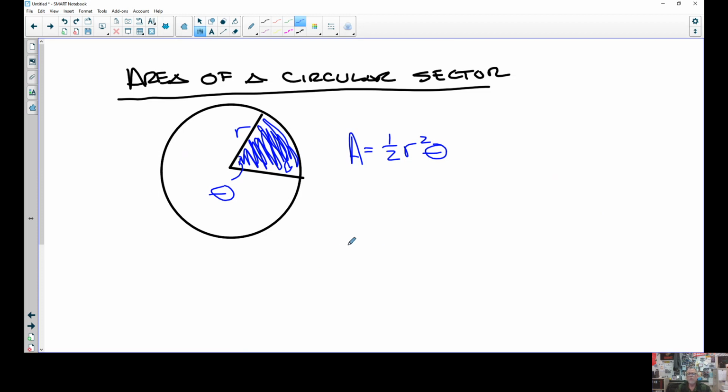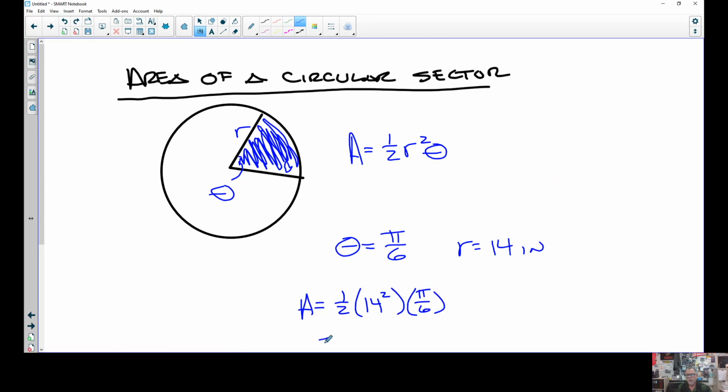If they want the area of the circular sector, let's say they give you theta equals pi over 6, and they give you a radius equal to 14 inches. Let's find the area. Well, area would equal 1/2 our R squared, so that's 14 squared, times our theta. And they gave it to us in radians, so we use pi over 6.